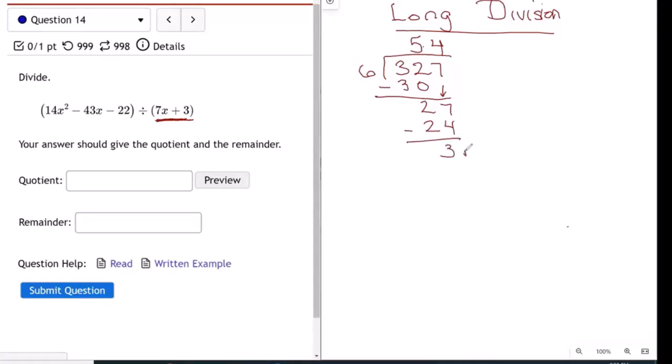This is my remainder. I can write this as 54, remainder 3. But there's also another way. I can write this as 54 and 3 over, that's my remainder, over the divisor, which is equal to 54.5.